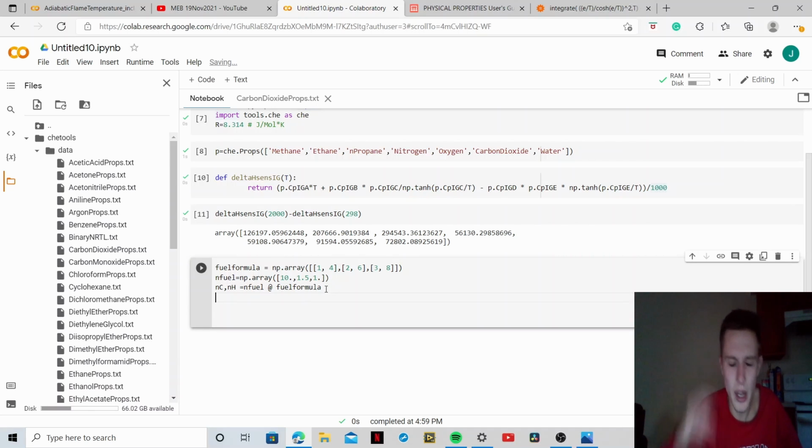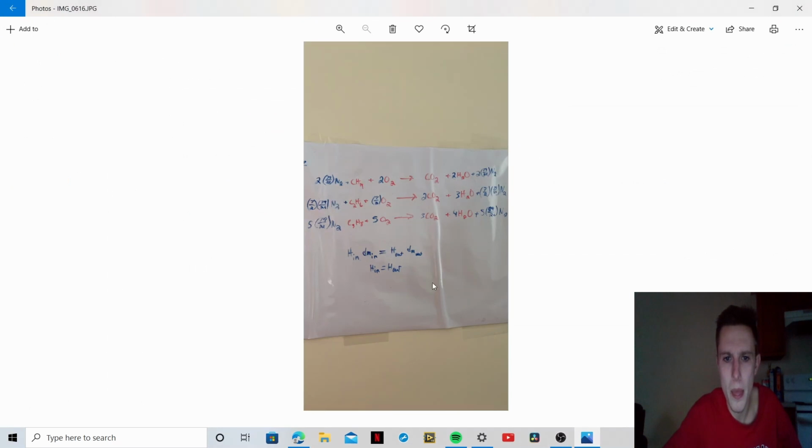Let's go down below and start thinking about the number of moles of CO2. The number of moles of CO2 is dependent on the number of moles of carbon.